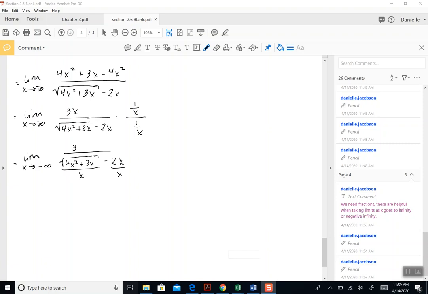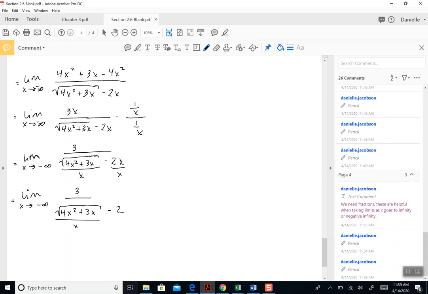So the question is, okay, well, how do I handle that? The first thing I'm going to do is simplify this. So I have the limit as x goes to negative infinity of 3 over 4x squared plus 3x minus 2, and then this part's over x.